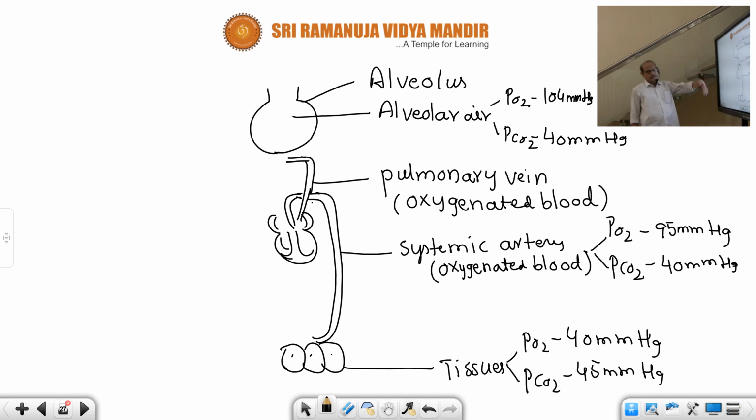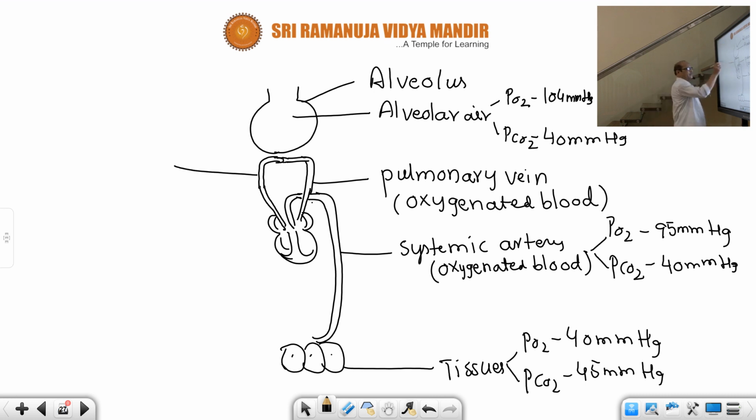So how does this exchange of gases take place? Like this, you have to take this diagram. And from the right ventricle, another blood vessel comes out, the pulmonary artery, which brings deoxygenated blood to the lungs.